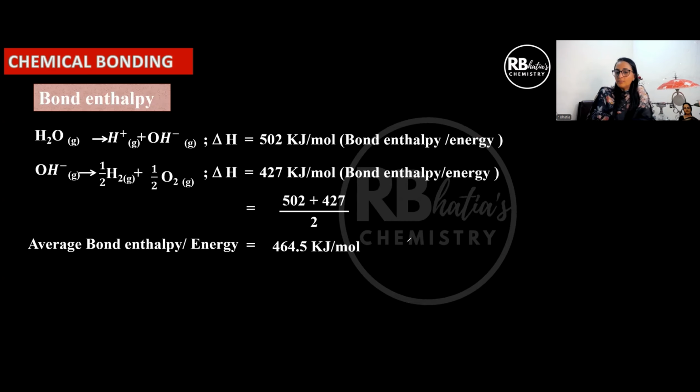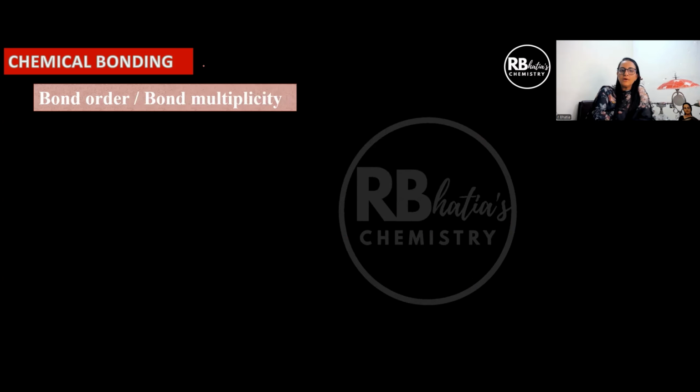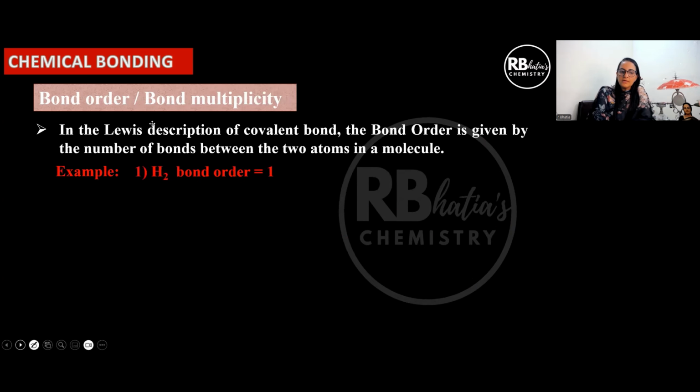I repeat, if there are 2 bonds in water, this energy is bond dissociation energy. This is also bond dissociation energy. Each of these is bond dissociation energy. But if I take the average of the 2, it's going to be bond energy. So bond energy is nothing but the average of the various bond dissociation energies. Is it right? Yeah, and bond order we've already talked of.